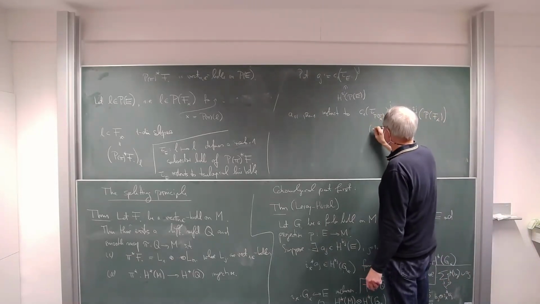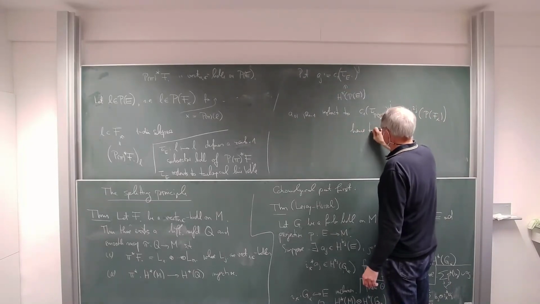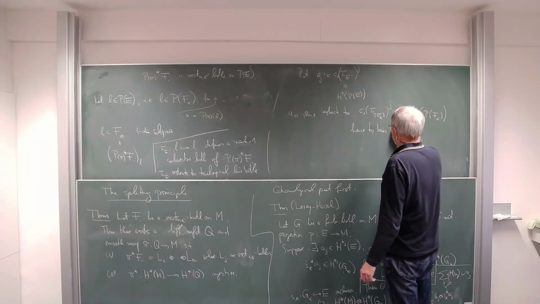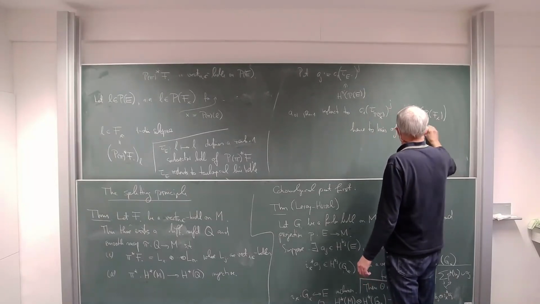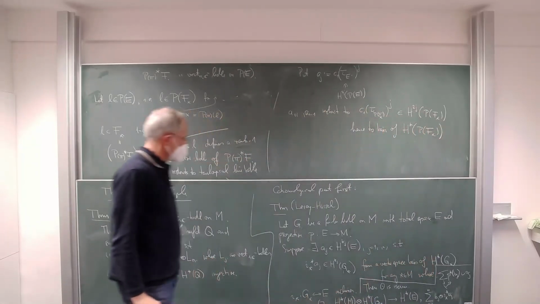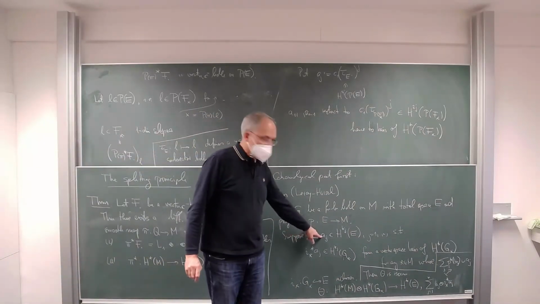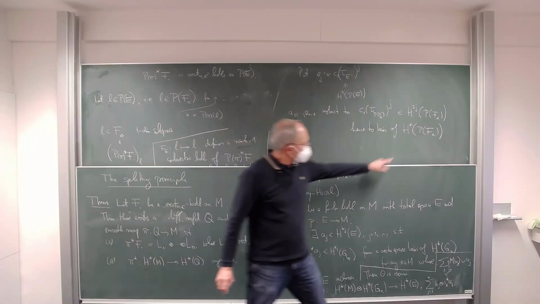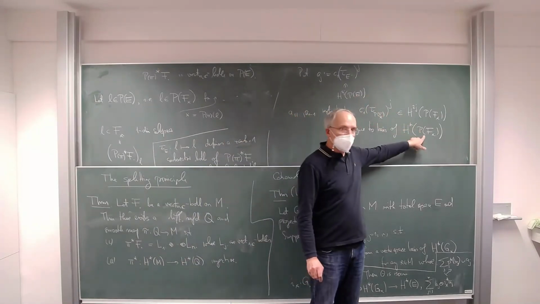And hence, two bases of this cohomology here. So that means the Leray-Hirsch theorem can be applied. This gives me the classes. It can be applied to the bundle where this is the total space, this is the fiber, and M is the base.